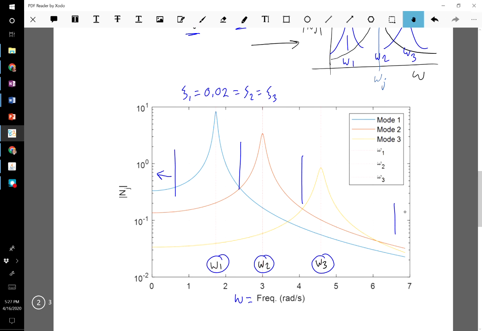But a continuous system has an infinite number of modes, so we can't really put it up there. This is typically what we have to do for a variety of systems, is engineer them so that we can choose that resonance frequency to be away from any natural frequency of the structure.